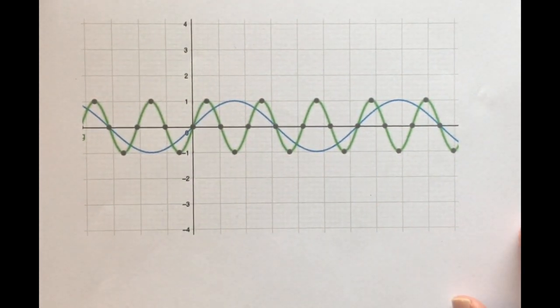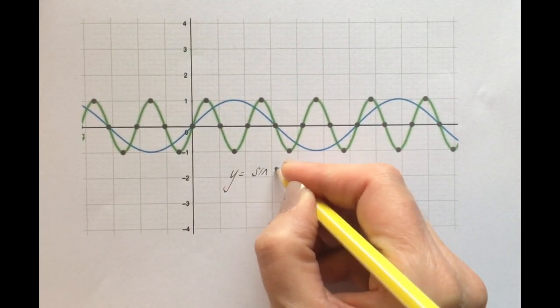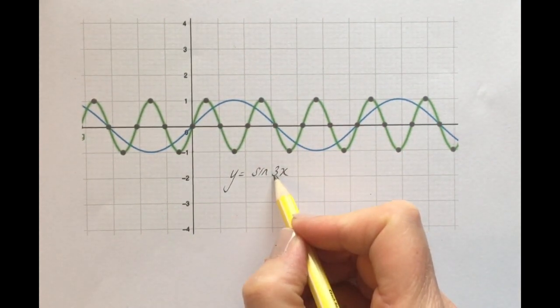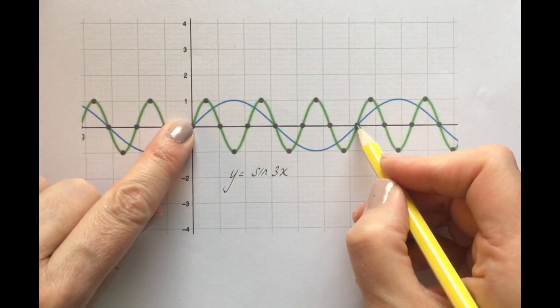So this curve is y equals sine 3x. And of course, the effect with the 3 is there's now 3 times as much curve squashed in that original period as there was before.